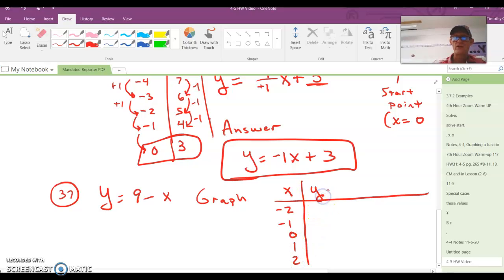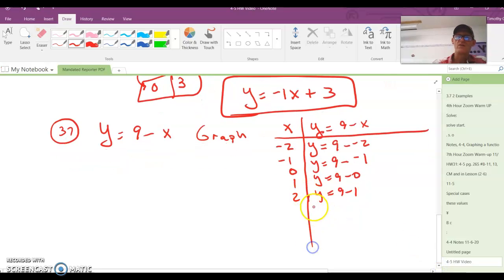And then we can write the rule right here, y equals 9 minus x, and we substitute it. y equals 9 minus negative 2, y equals 9 minus negative 1, y equals 9 minus 0, y equals 9 minus 1, and then y equals 9 minus 2.